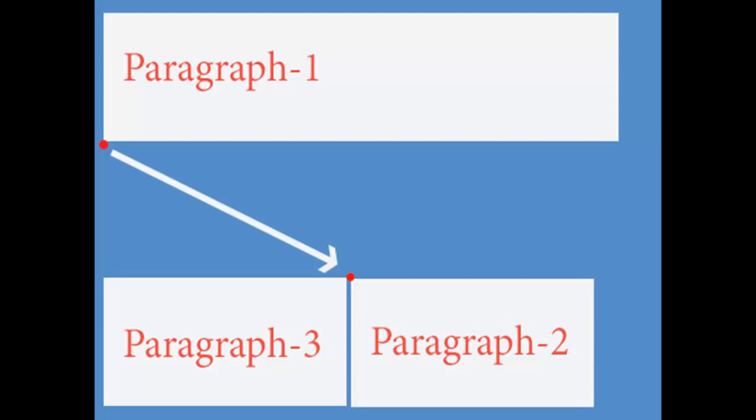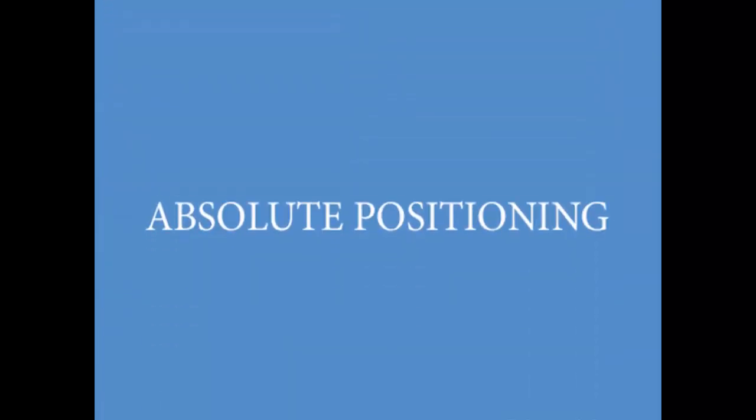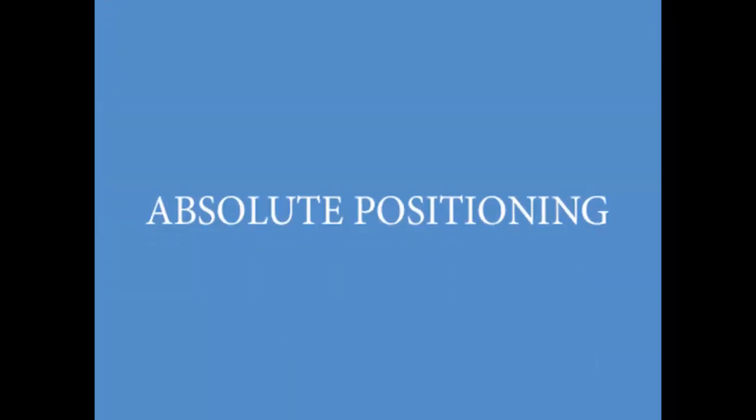Alright, the next one is absolute positioning. The main difference between relative and absolute positioning is that of the reference point. When we change position in case of relative positioning, as we just saw, the reference point is the element's default position in the normal document flow, while in the case of absolute positioning, the reference point is the element's container.